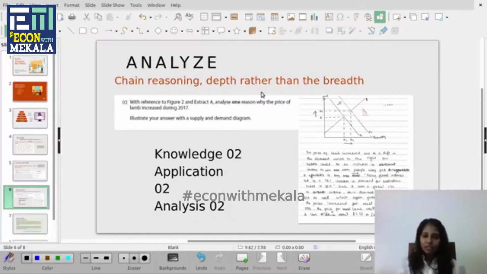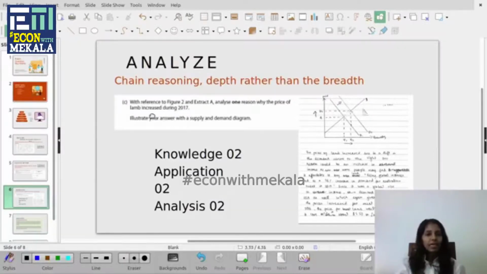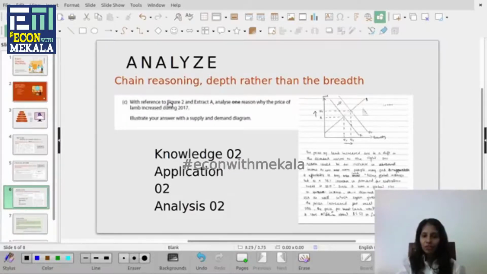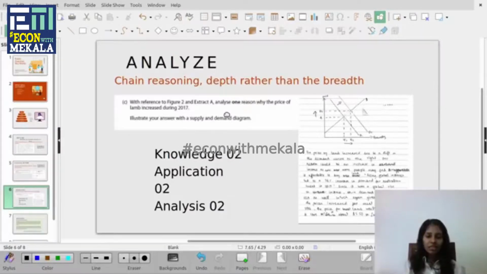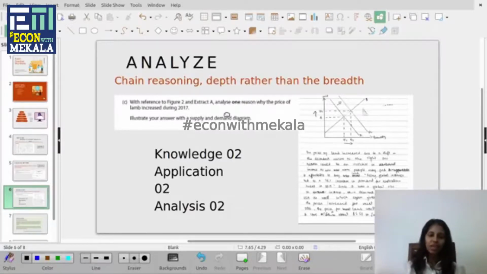Now this is also an examination question I have extracted from a past paper. You can see here they have mentioned with reference to figure 2 and extract A. So we all know when they give case studies for essay questions, mostly they give it in paragraph format and they give graphs and tables.